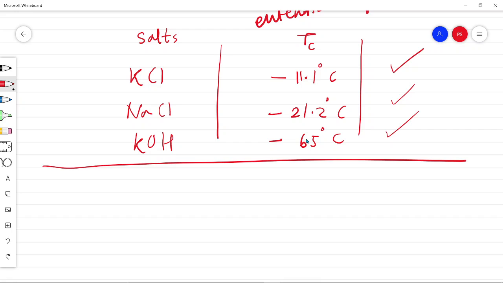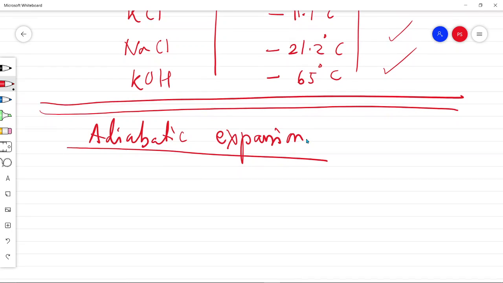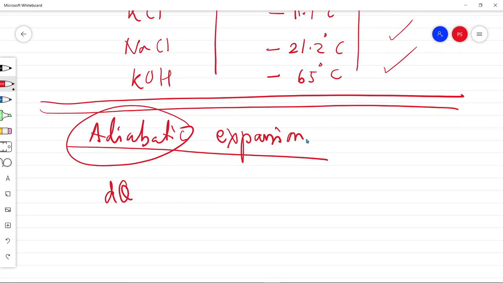Now another technique which should be discussed is the adiabatic expansion process. By adiabatic we mean that no heat is allowed to leave the system, neither can it flow into the system.